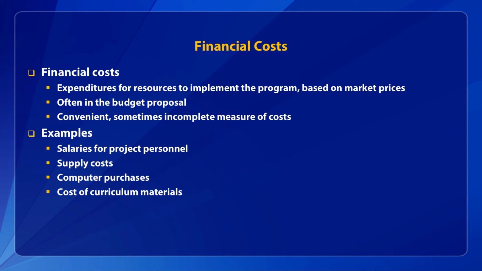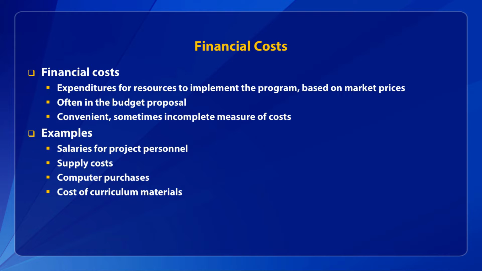When we think of costs in everyday life, we think of the financial costs of the things we use or purchase, the price tag or market price we see in the store. Most material resources have a price. For example, personnel time required to implement an intervention has a price defined by hourly wage.